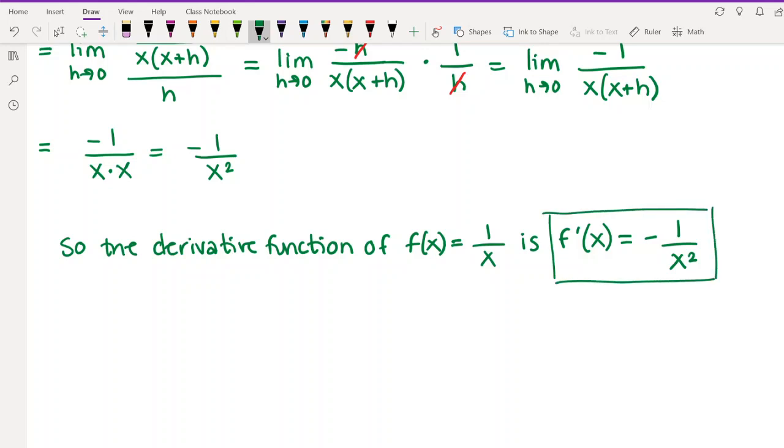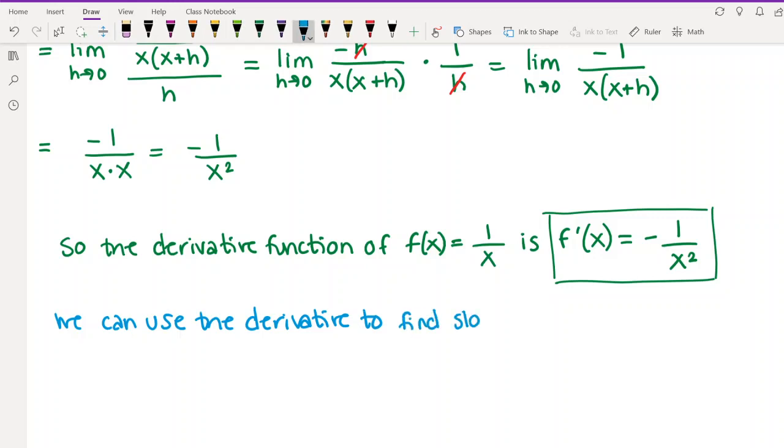And so what is the value of this? Well, we can use the derivative to find slopes of tangent lines. For example, let's say I wanted to know the slope of the tangent line at 2.